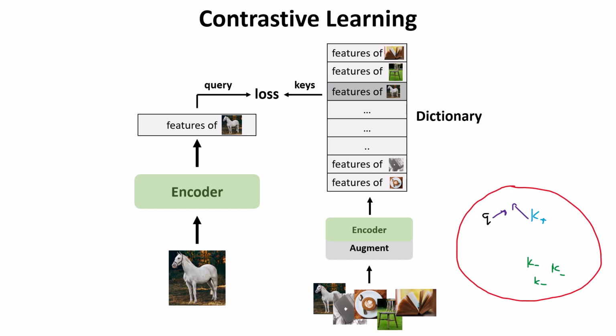And all the negative keys, which are coming from a different image, we want to push away to a different area. But why do we do this? Because if we push all the negative keys to one side and pull all the positive keys to one side, we can have a better decision boundary to distinguish them and do our classification, for example.